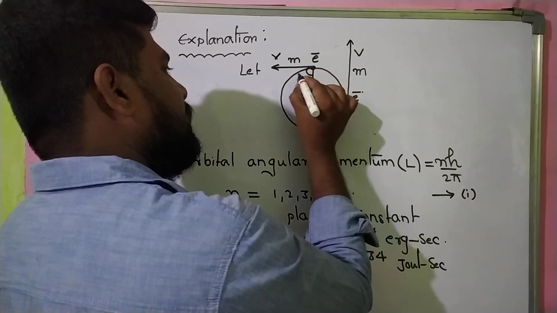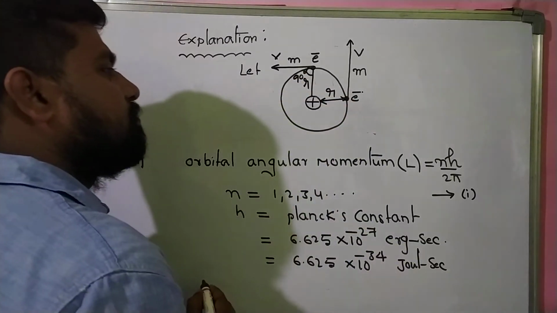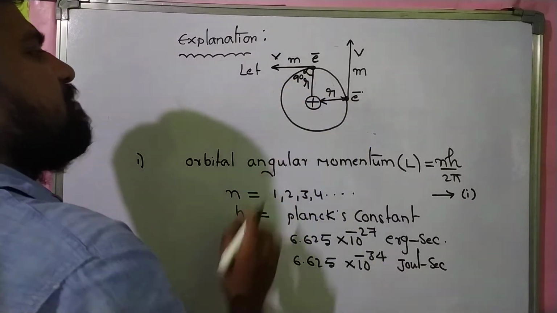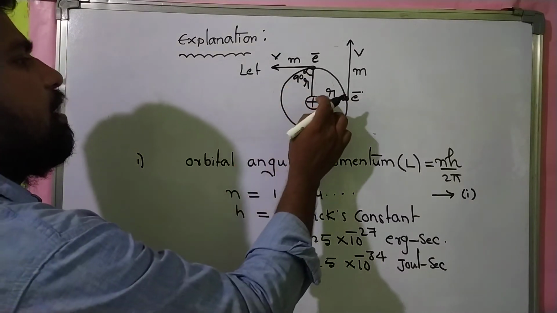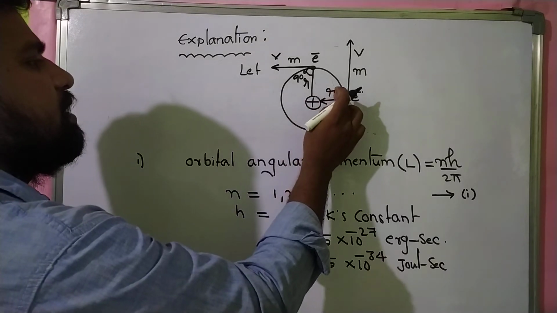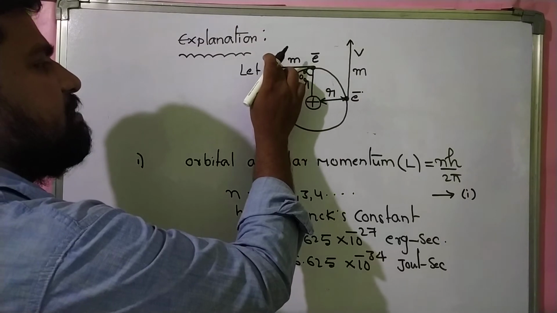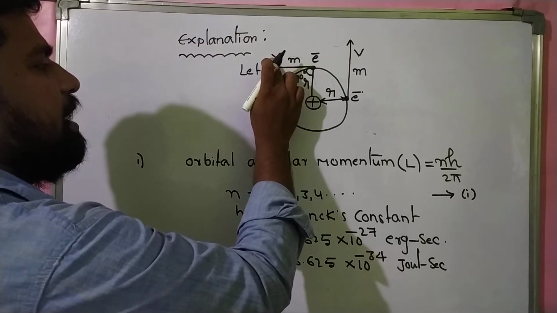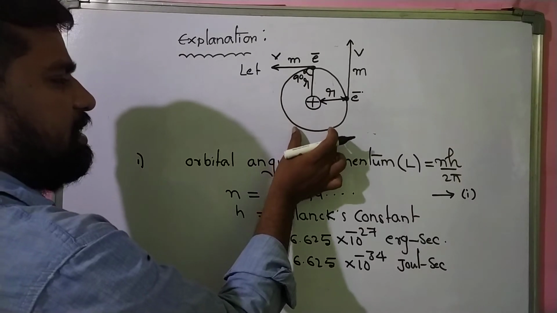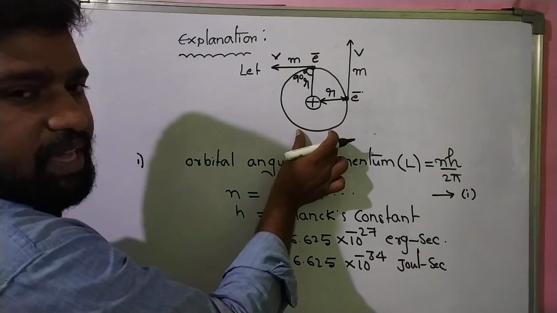Here the angle is 90 degrees. Now listen everybody, this is the radius vector and this is the velocity vector. By using this circular motion of the electron, we can determine the angular momentum value.